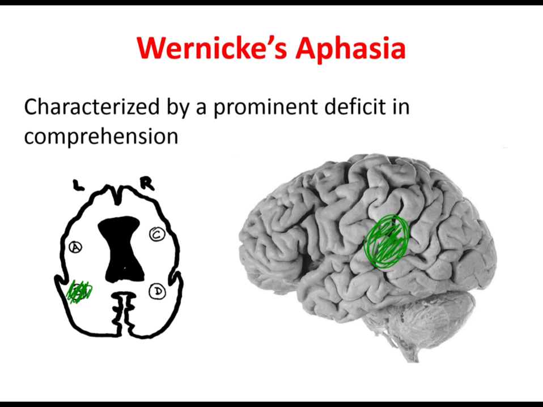When the lesion is extensive, comprehension of both the visual and auditory language input is severely impaired. Patients with Wernicke's aphasia fail to comprehend the ideas that they have in mind, an impairment called empty speech.